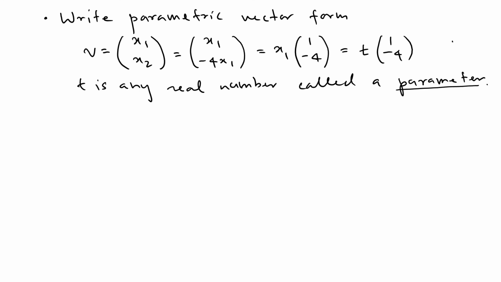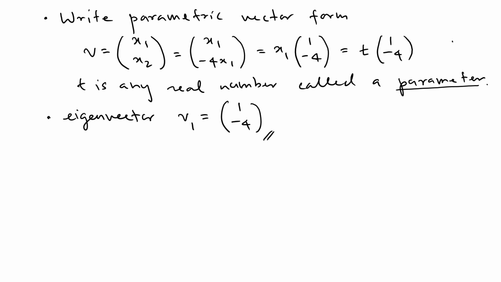So that means the eigenvector is 1, negative 4. So the eigenvector is v1, which is 1, negative 4. Good. So that's for the first eigenvalue.